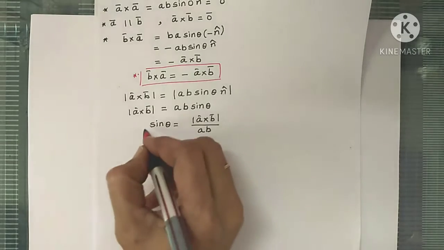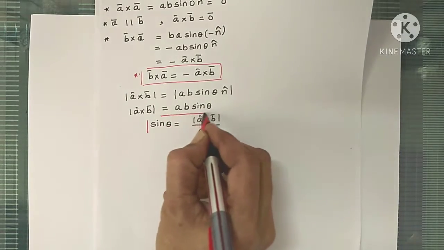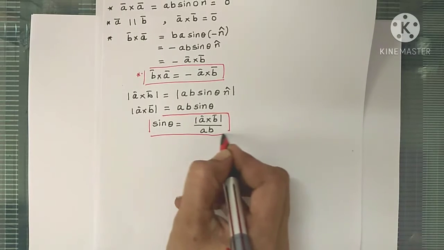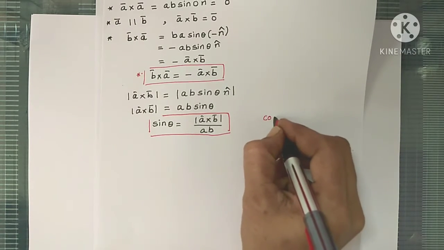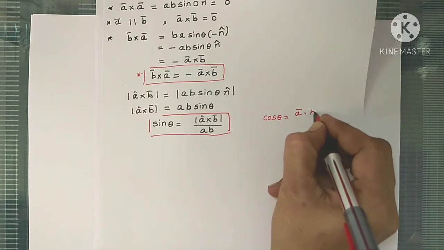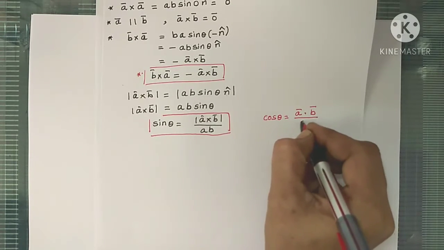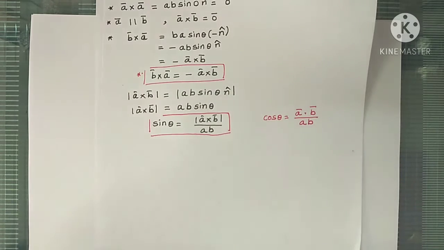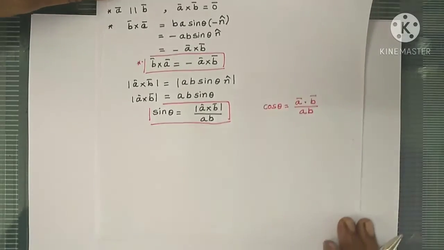What was the formula for cos theta? It is A bar dot B bar upon AB. So let's revise the dot product also. If I have to find cos theta, then the formula is A bar dot B bar upon AB, as in the dot product we have that cos theta term. So this is sine theta.